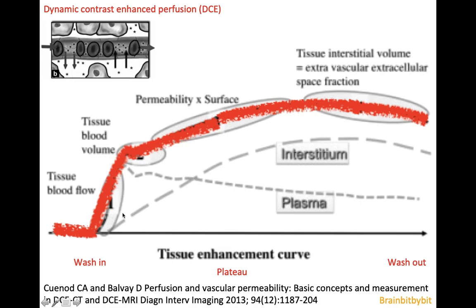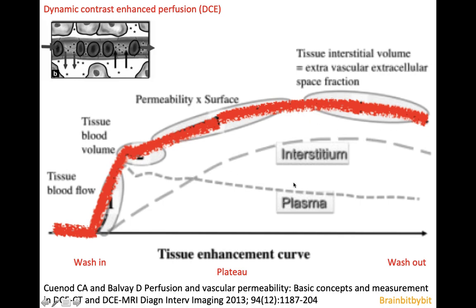So the curve of a tumor on MRI is composed of a curve resembling the CT curve, with the concentration in the blood plasma, and a curve of the leakage into the interstitium. And these two curves together give the curve that you measure, with a wash-in, a plateau that reflects both interstitium and blood plasma, and a washout.